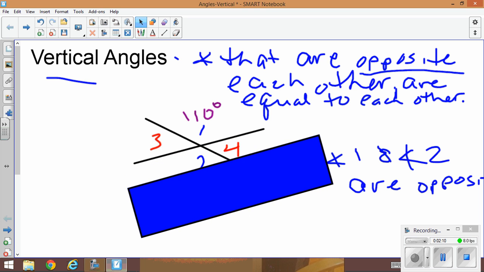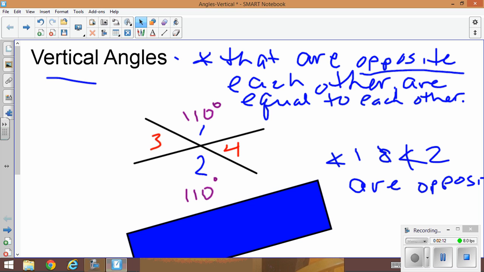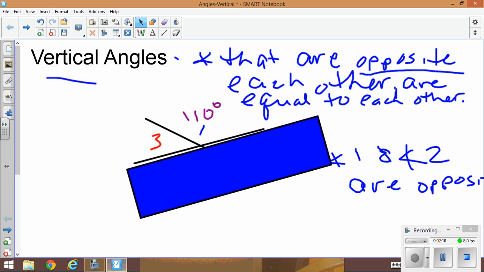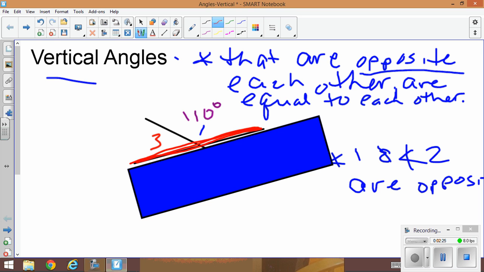Okay, we know that angles 2 and 4 are vertical to each other, but what if I cover 2 angles? Okay, what we have left is a straight line right here. How many degrees is a straight line? And I hope at this point you're saying 180 degrees.